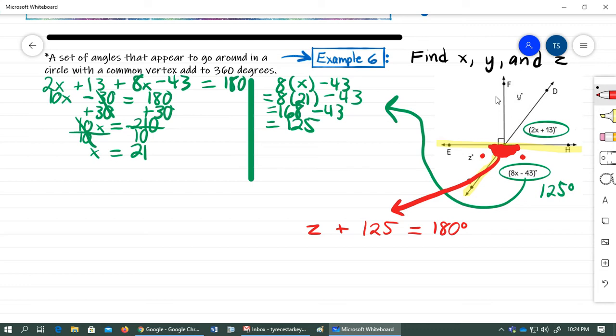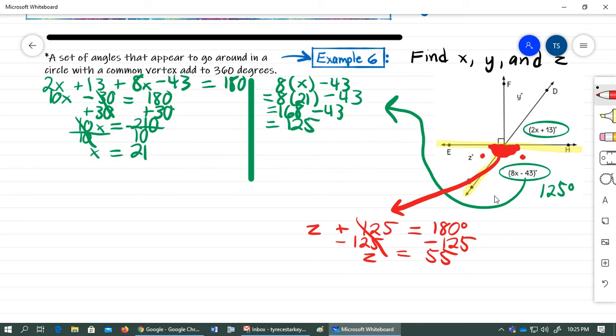So if we subtract 125 from both sides of the equation, we get that Z has to be 55. So that's two of our things now found. X equals 21, Z equals 55.